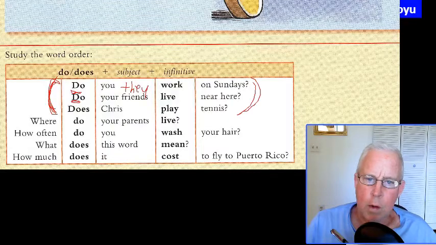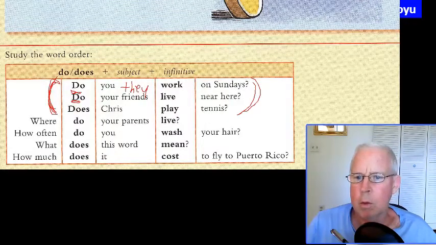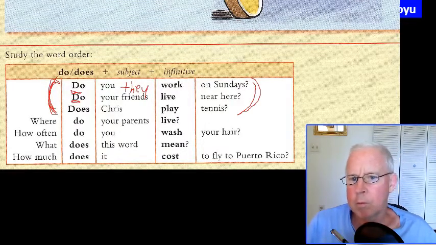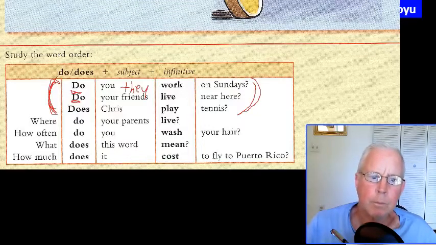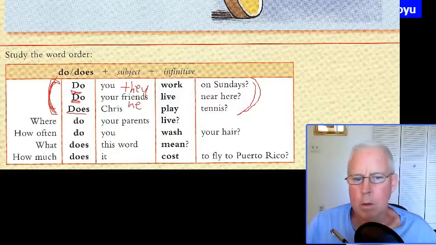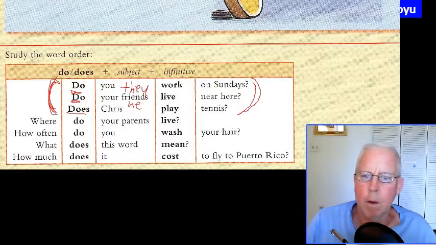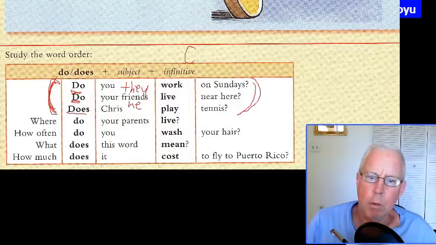Do they live near here? Answer yes, no. And does Chris, is probably he, could actually also be she, but mostly he, short for Christopher.